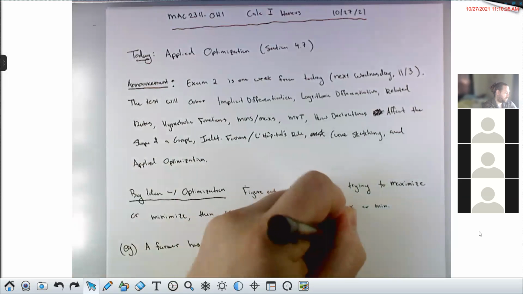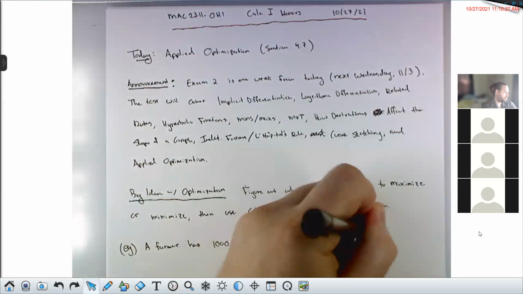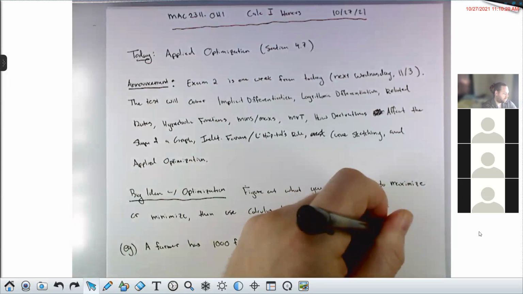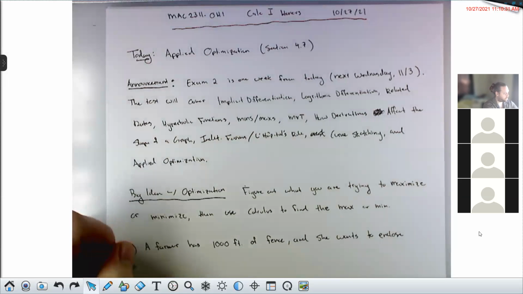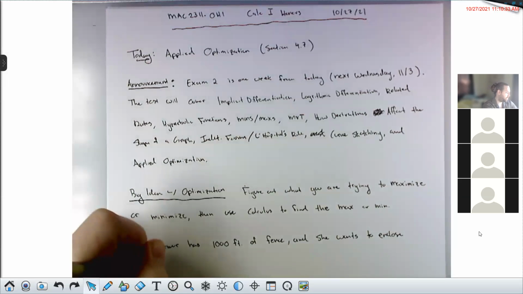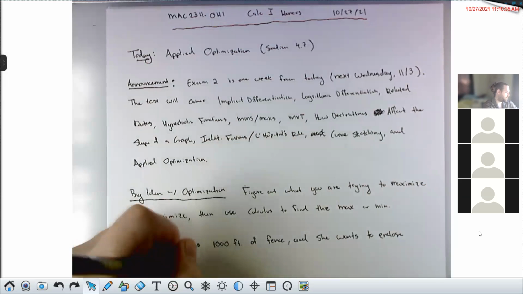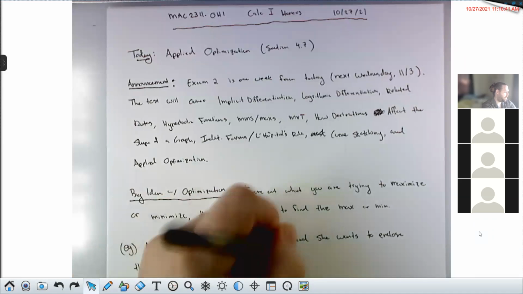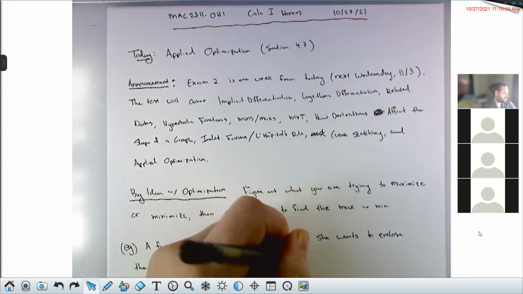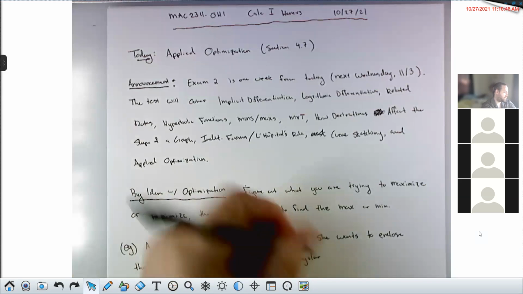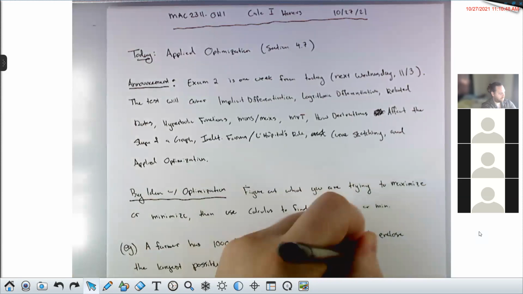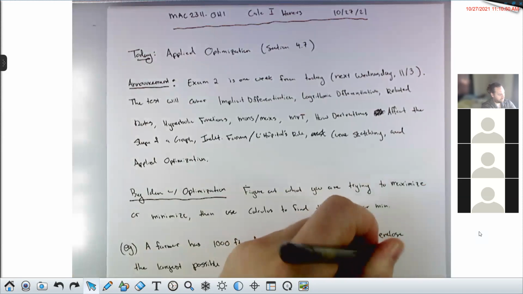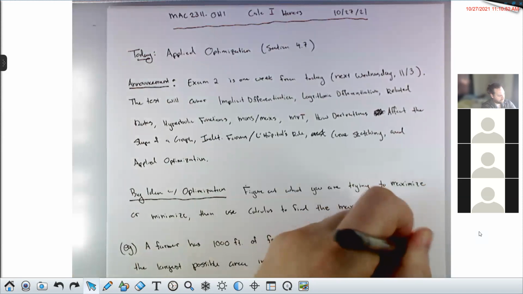And she wants to enclose the largest possible area in a rectangular pen along a river.